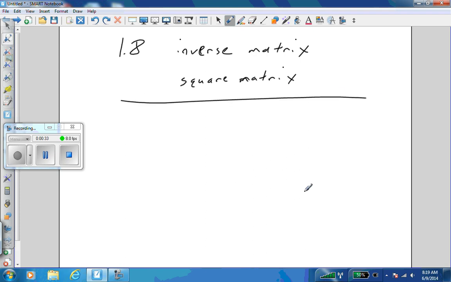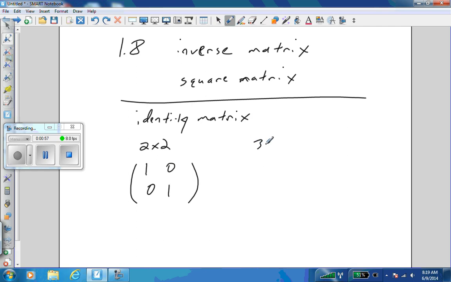So before we get into all the ins and outs, one thing we need to define is what's called the identity matrix. To give you an example, a 2x2 identity matrix has ones on the diagonal, zeros everywhere else.